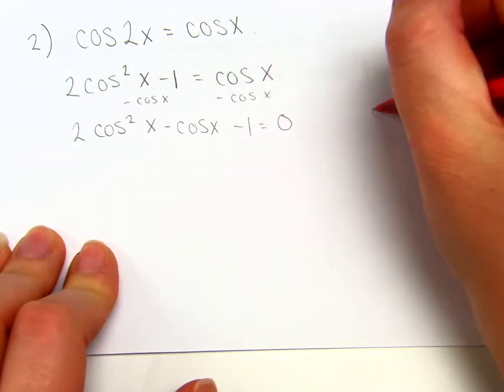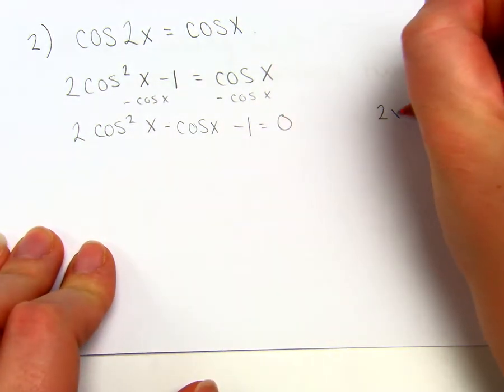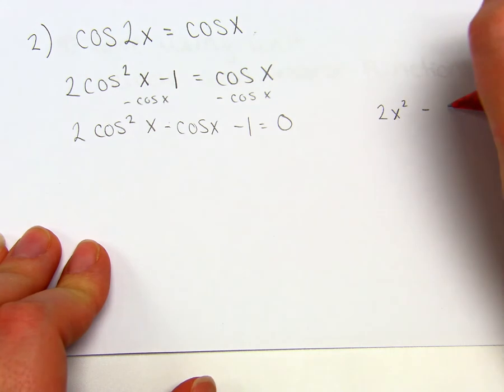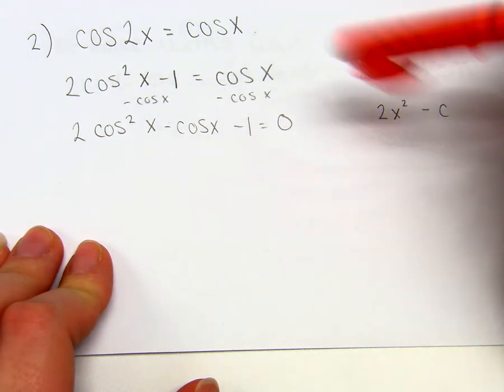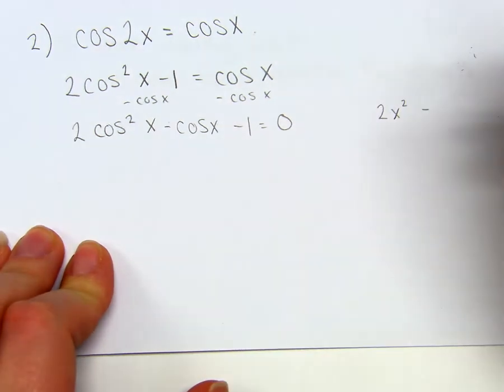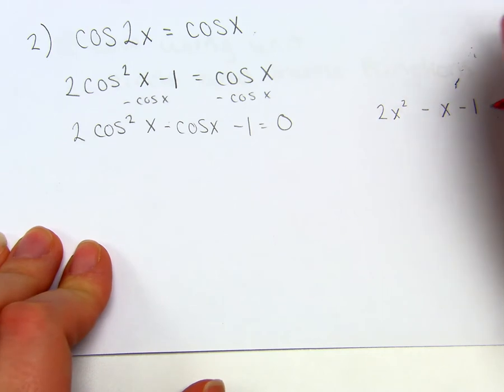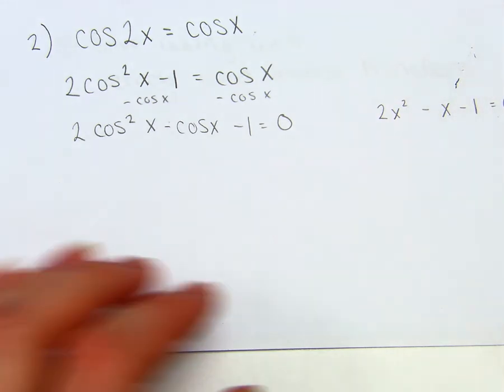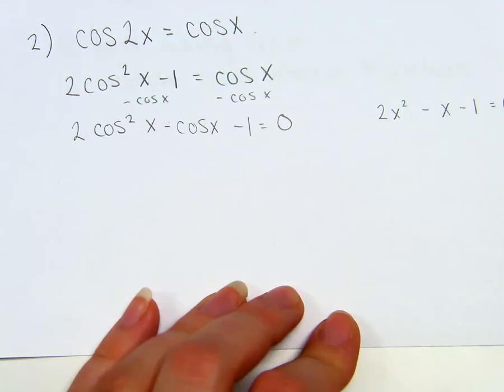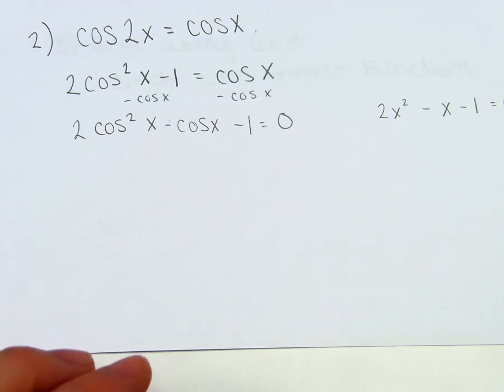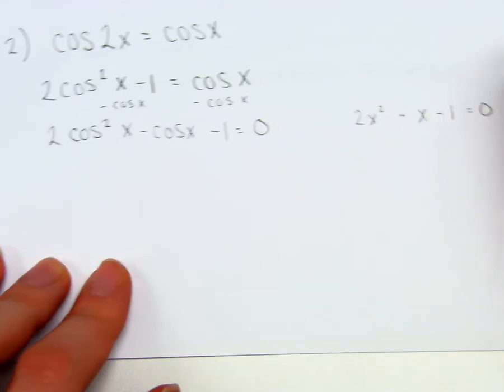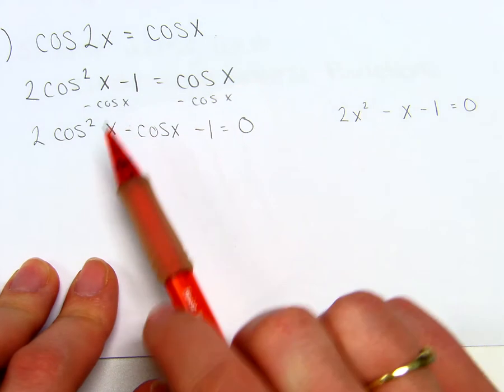So, if I were to think about this as 2x squared minus x minus 1, I want to factor this the same way.